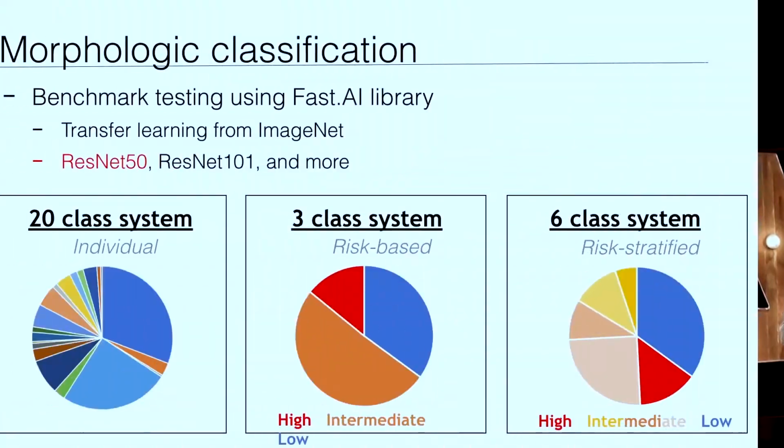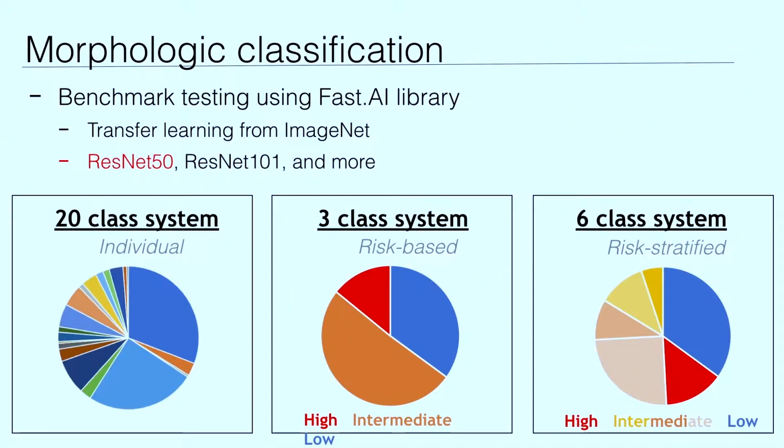So there was the full, really granular 20-class system. There was a 3-class system, which is kind of more familiar to us as clinicians because that's what we have now. And then there's a 6-class system that really helps us with this intermediate group, the group that we really struggle with as clinicians. So once I wrapped this all up, I gave it back to Dr. Harmon to train the models.